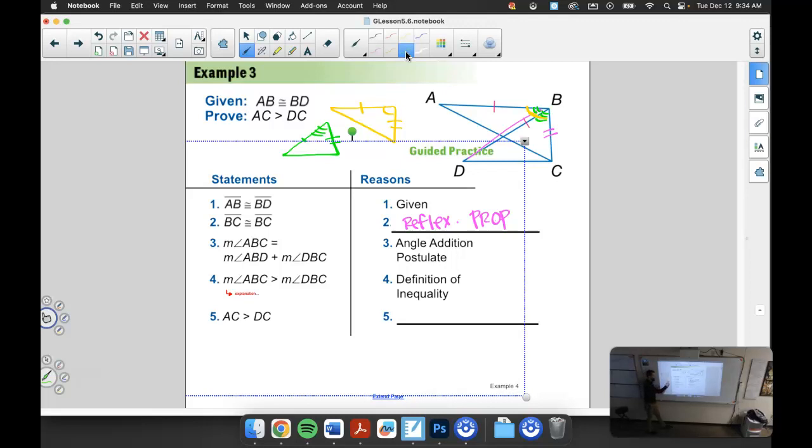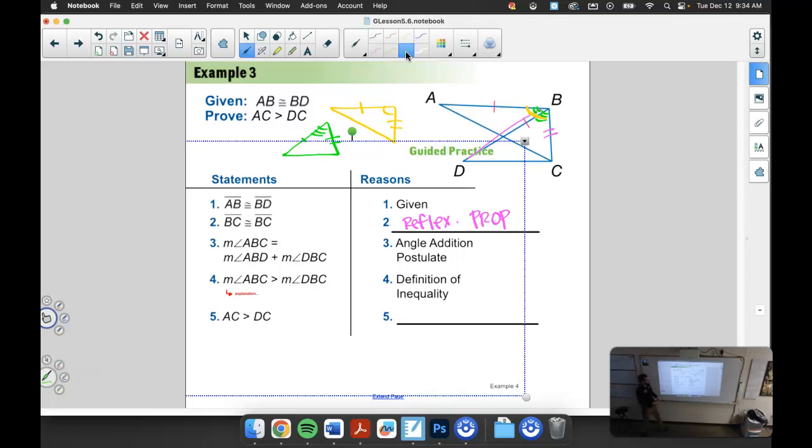I have to add something to this side, which makes this the smaller number. Okay? And so that's what's happening here. If the measure of angle ABC is equal to these two added together, then these two must be, by the definition, smaller. Okay? That's something to keep in mind. That's the definition of inequality.